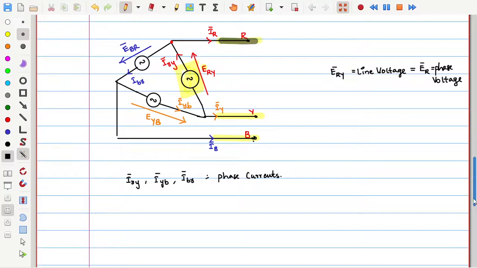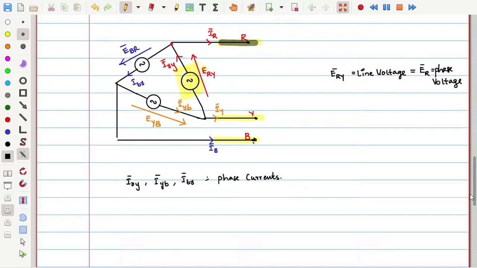Now, if we know these phase currents, we can derive the line currents. For example, let iRY be equal to some phase current magnitude IP at an angle of 0.